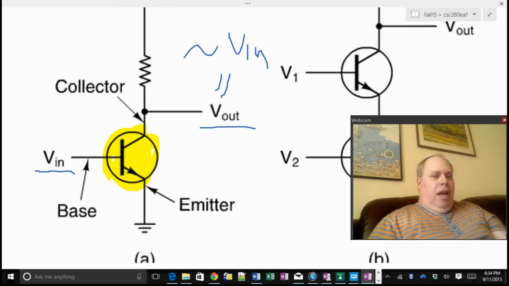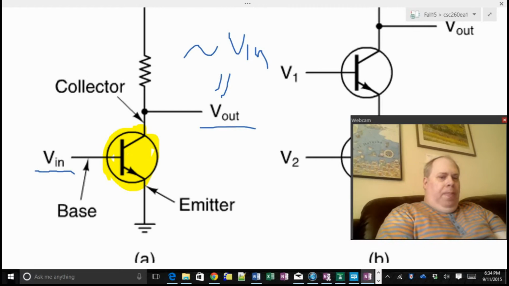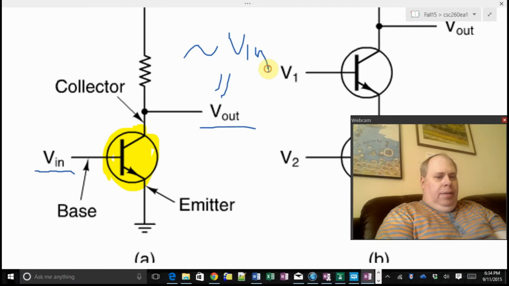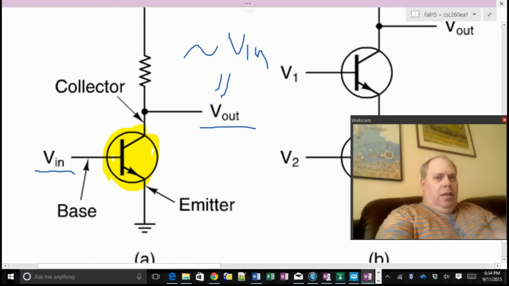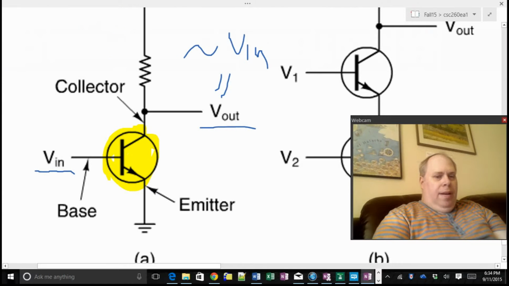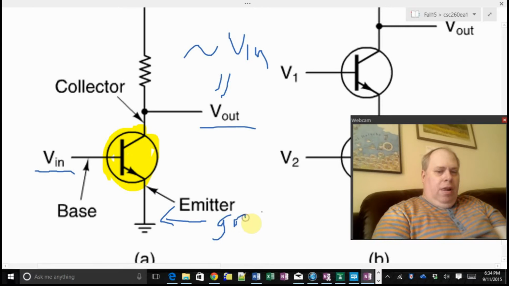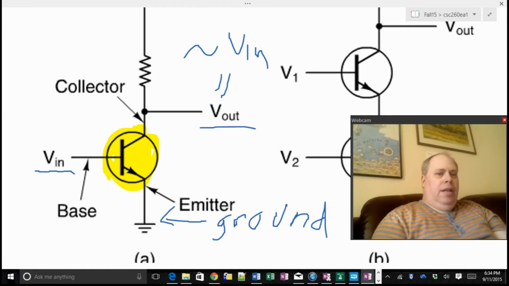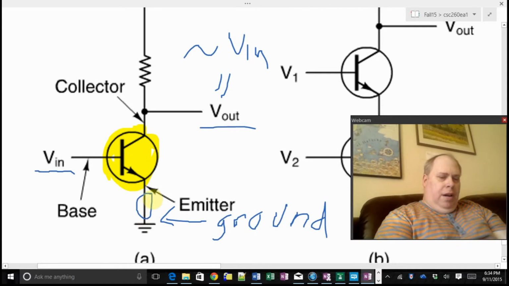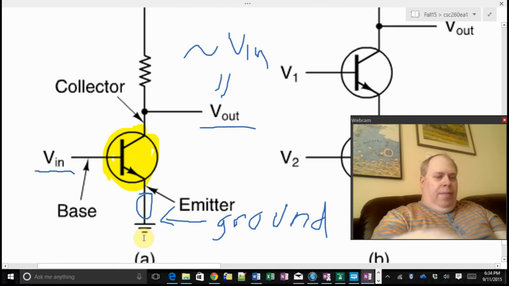So why is this true? Well, right down here is the symbol for ground. Anything hooked to that is drawn to 0, so this side of the wire is 0.